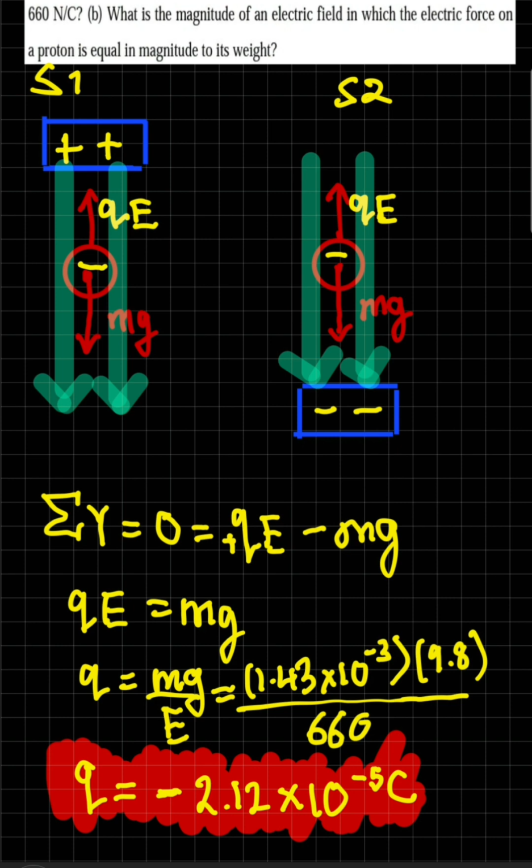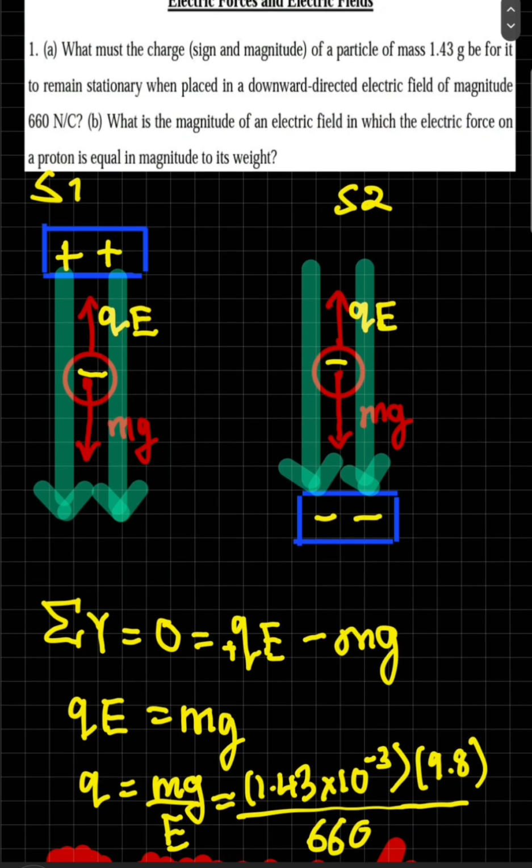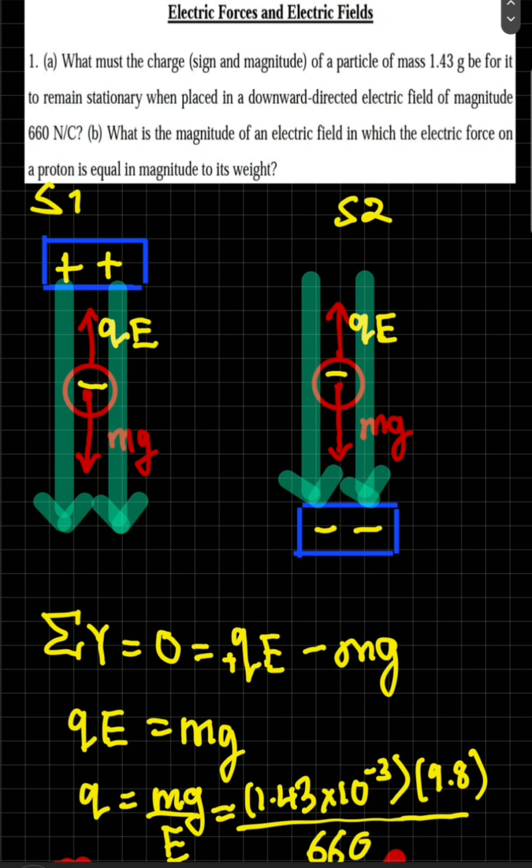Okay, so let's go to part 2 now, which is the last part. Part 2 says, what is the magnitude of an electric field in which the electric force on a proton is equal to the magnitude of its weight?